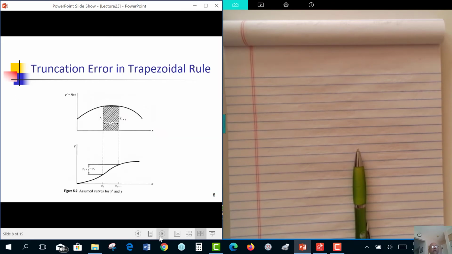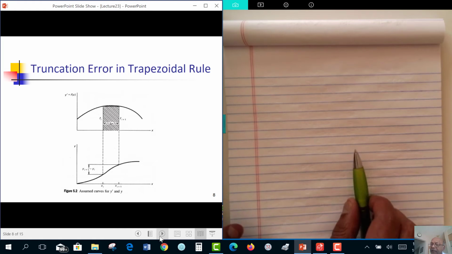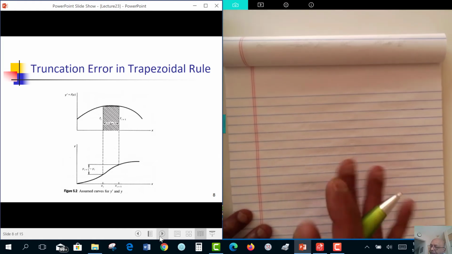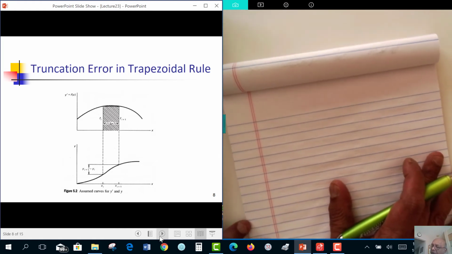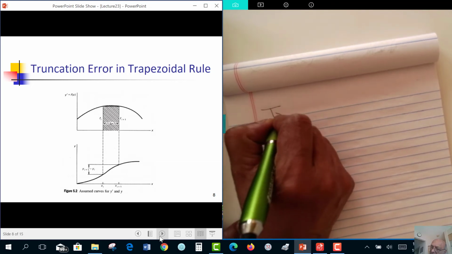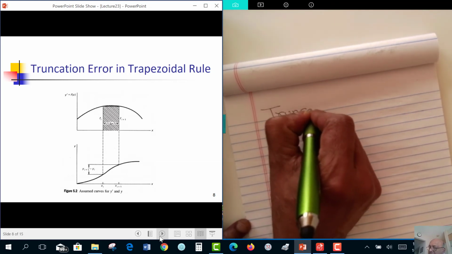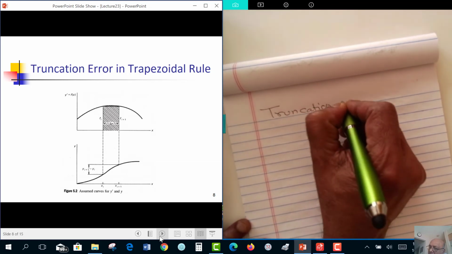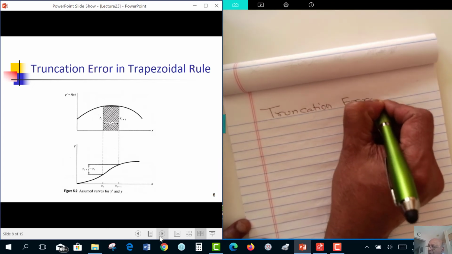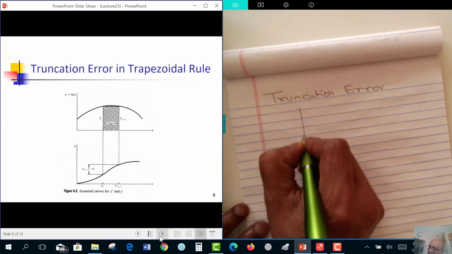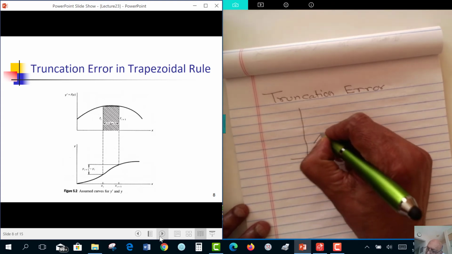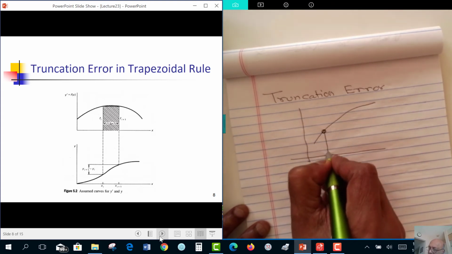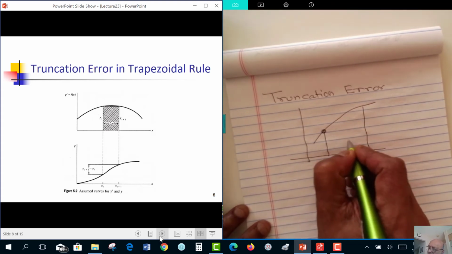Okay, let's look at error in trapezoidal rule. So we call this truncation error, and you will soon see why. So now consider again, we have that one strip, ith strip.